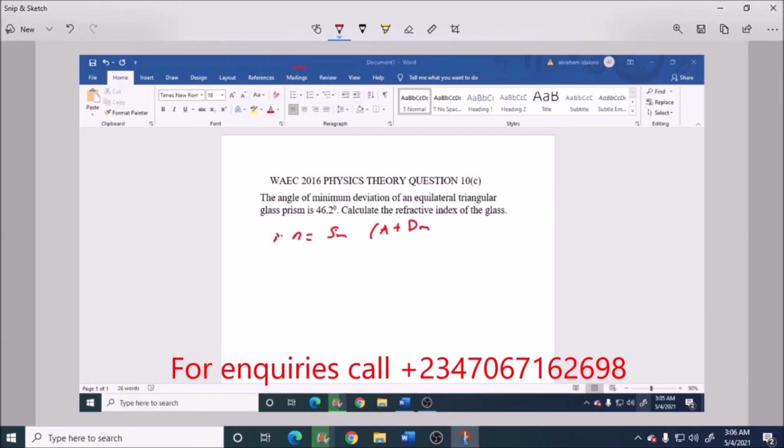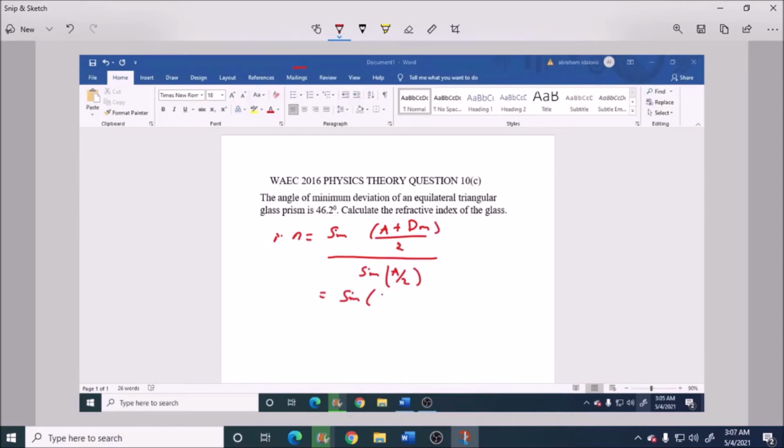So this will give us sine of (60 plus 46.2) divided by 2, over sine of 60 over 2.